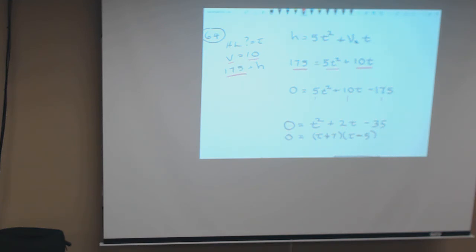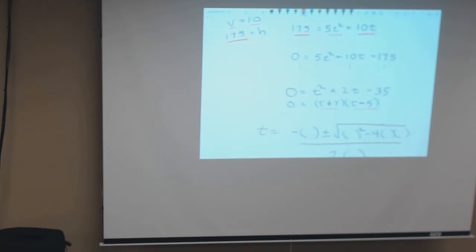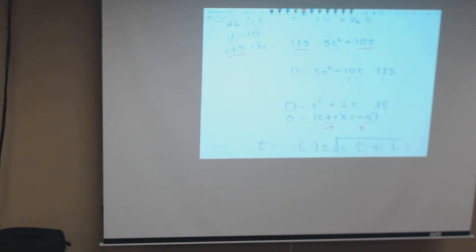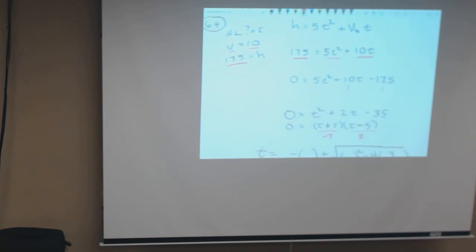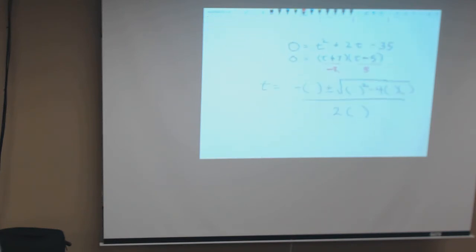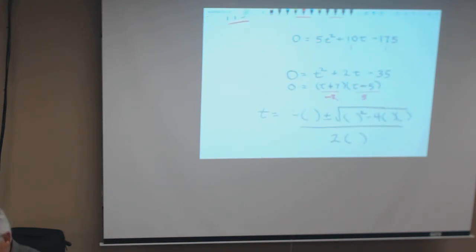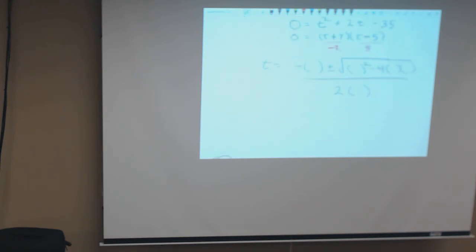And that would be t plus 7 times t minus 5. So my answers are negative 7 and 5. Negative doesn't make sense for time, so I put in 5 is my answer for time. So sometimes you can just see them and you don't have to do all that computation or plug in all those numbers.